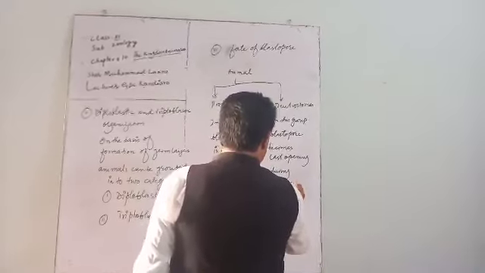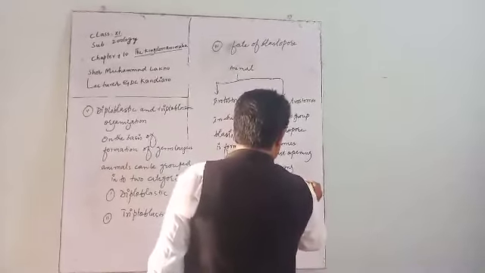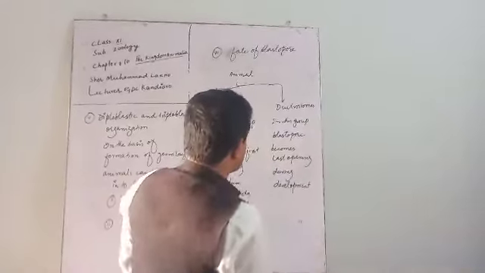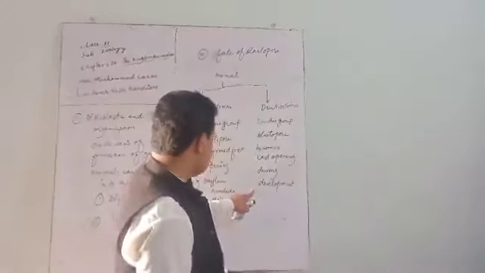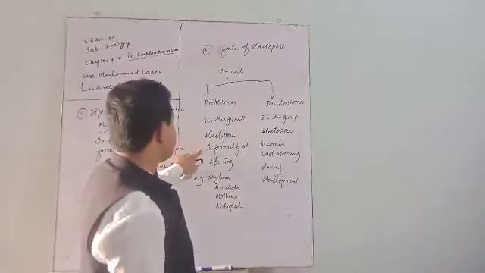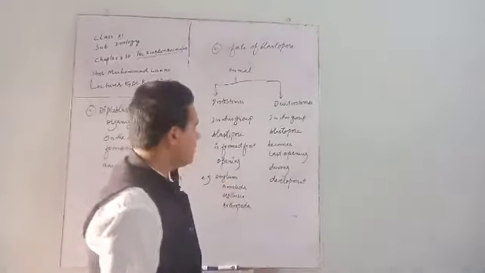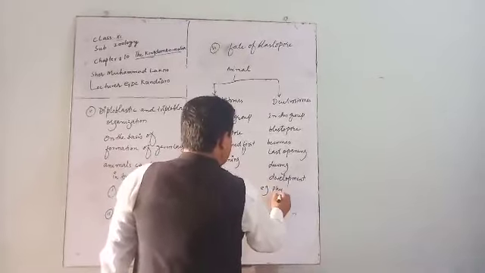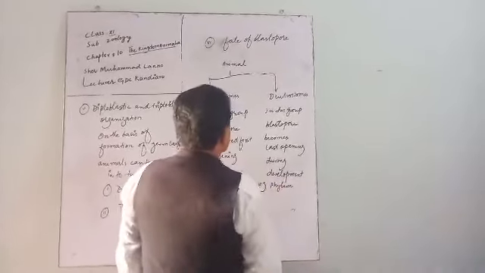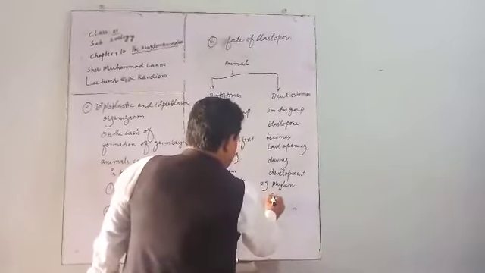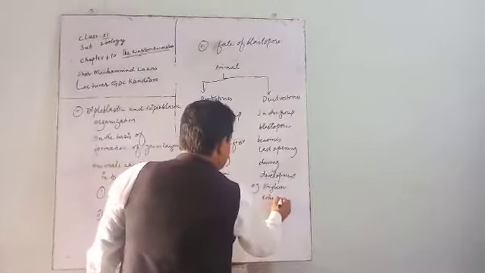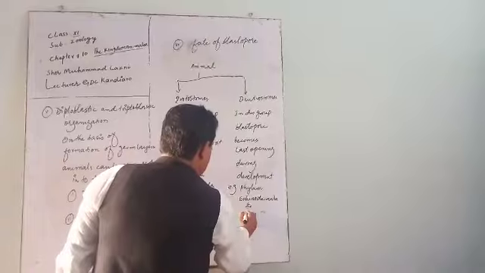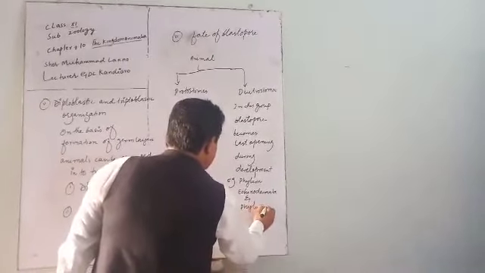In this group, the blastopore becomes the anus. Examples of this group are phylum Echinodermata and phylum Chordata.